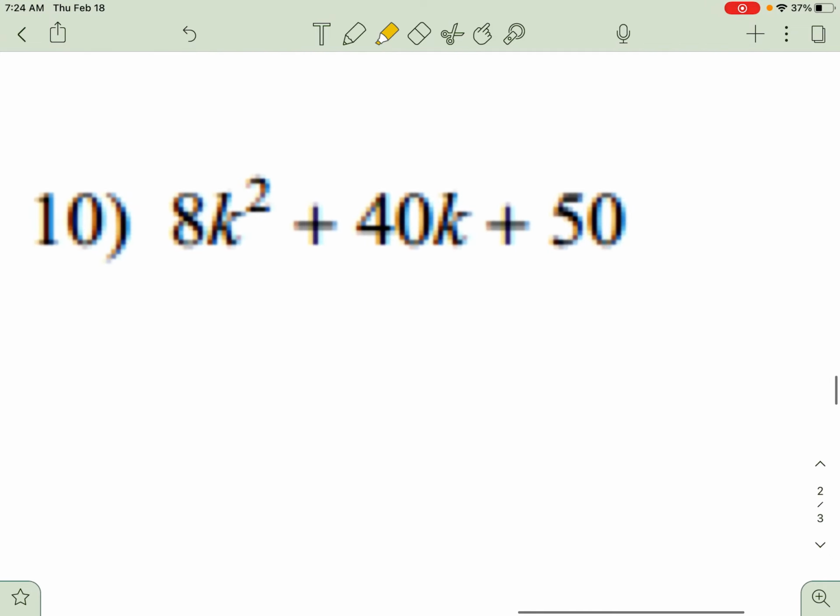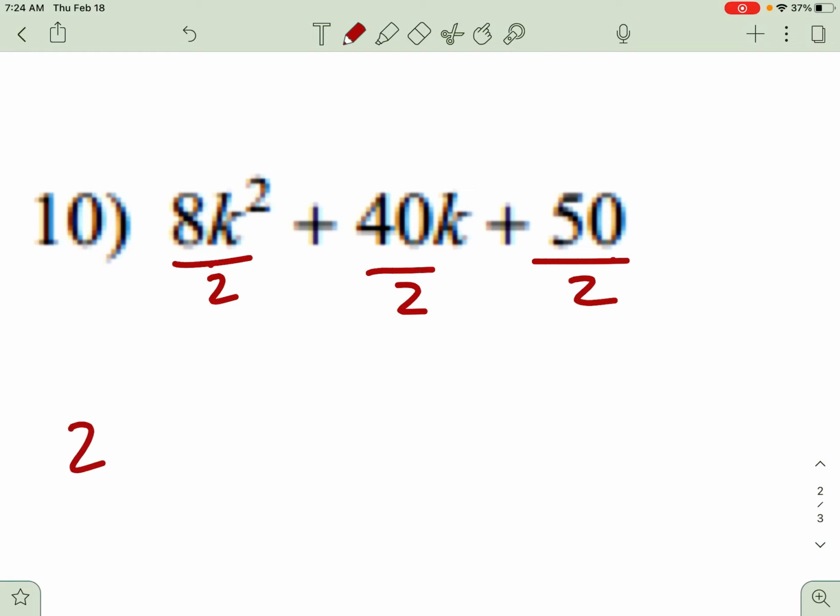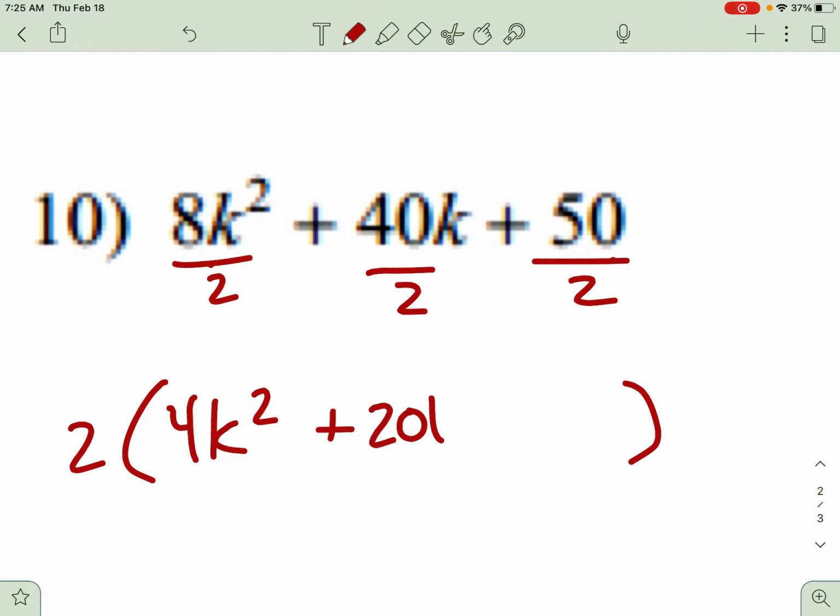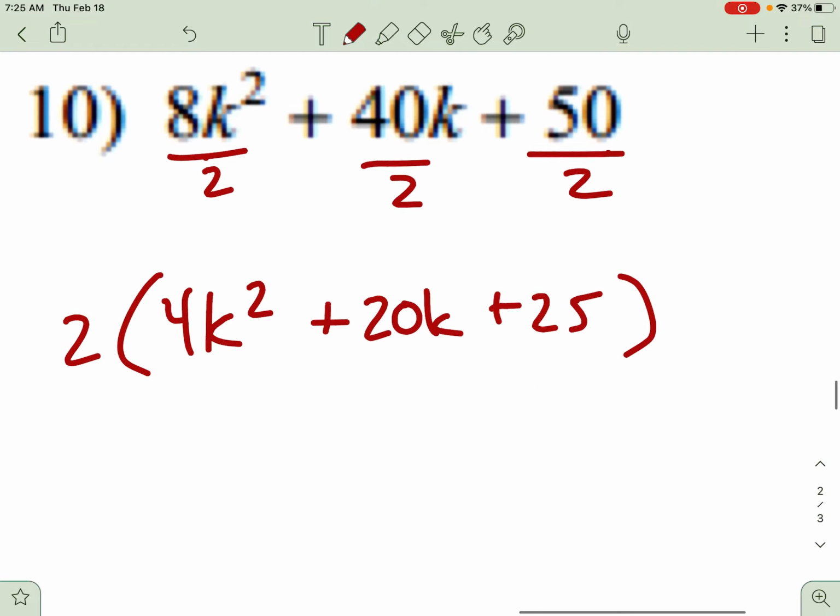Okay, same thing here. Okay, what can we take out? Let's see, not 8, because 8 does not go into 50. Not 4, because 4 does not go into 50, so it's got to be a 2. So 2 out front. Easy with 4k squared plus 20k plus 25.